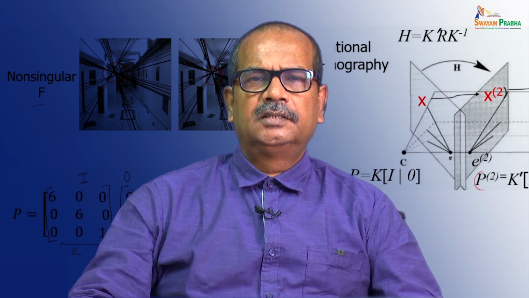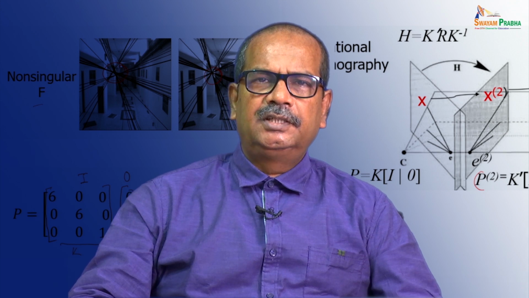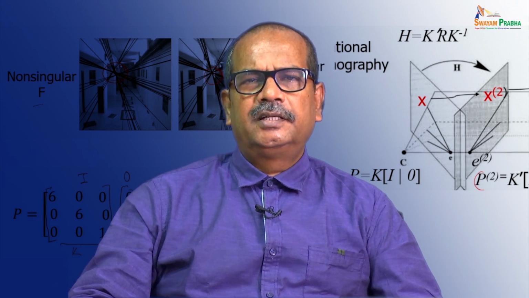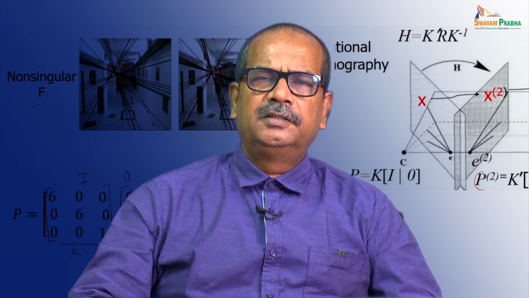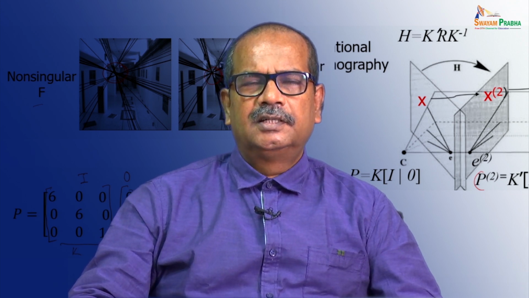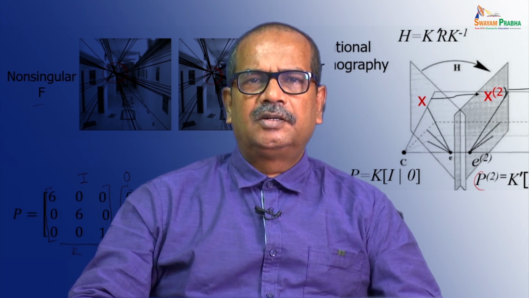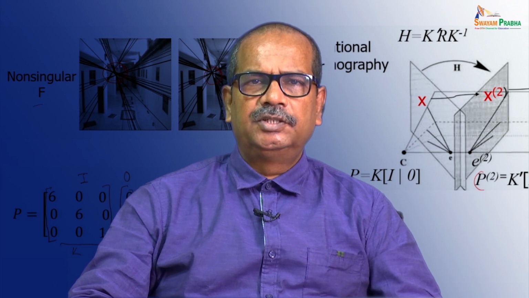Welcome to the subject Advanced Digital Image Processing and Computer Vision. We are discussing stereo geometry, and in the last lecture we discussed different geometric parameters of a stereo configuration and also the relationships between the corresponding points under a stereo setup.